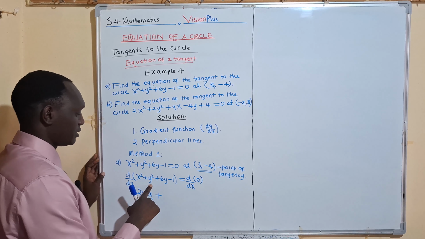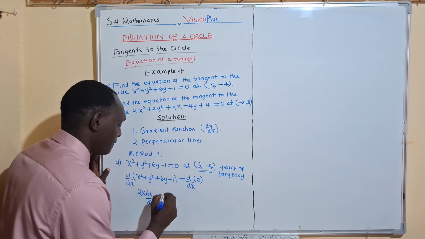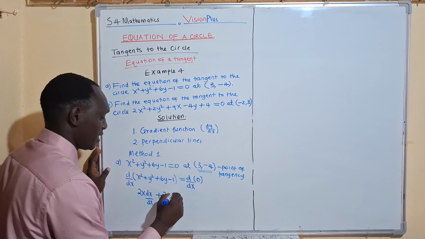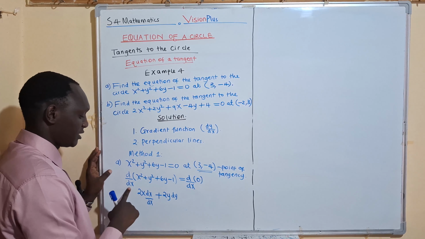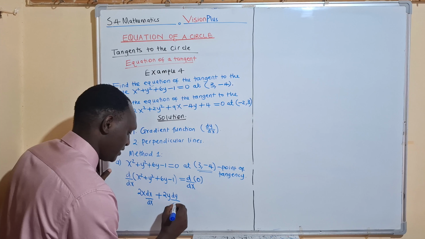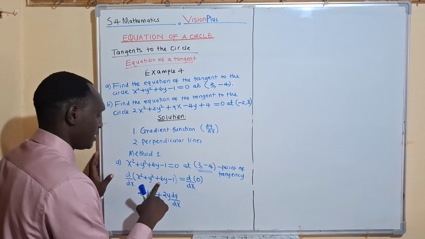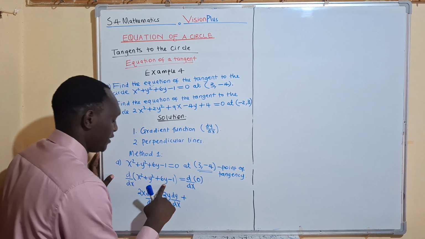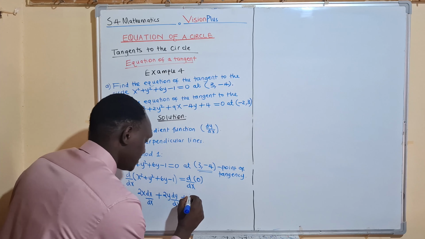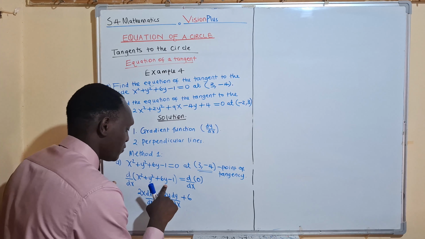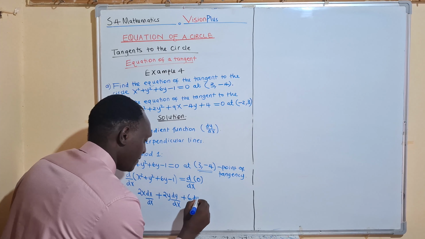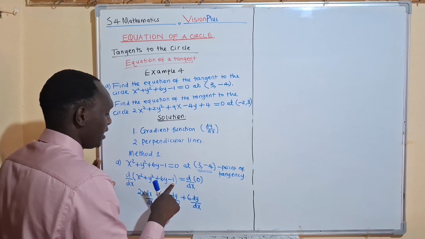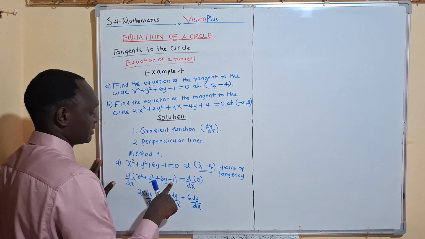If we differentiate y squared, we get 2y, but it is a function in y, with respect to x, so we say dy/dx. If we differentiate 6y, we get 6 dy/dx.